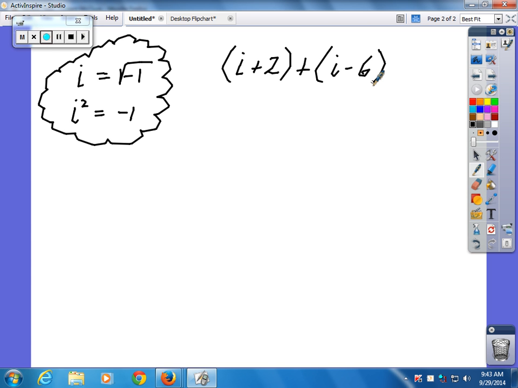The only thing you have to remember is this right here when you're multiplying. So, i plus i is 2i, and 2 minus 6 is negative 4. So just like if you was to do x. That's why we have i. It's because we don't want to have to write square root of negative 1 50 million times.